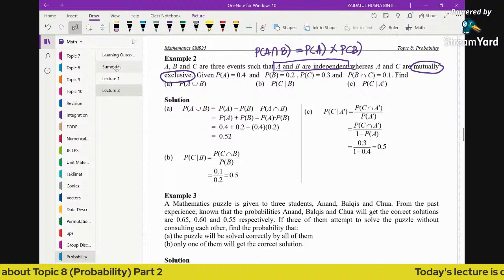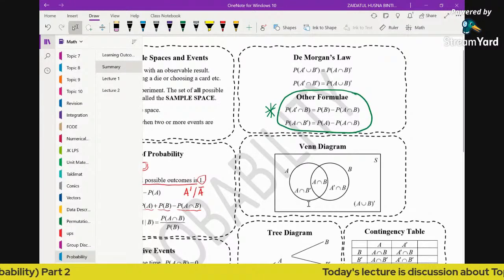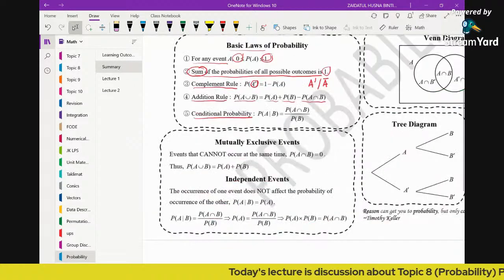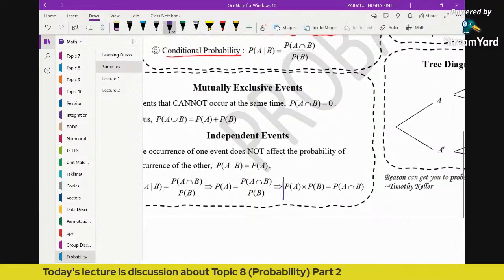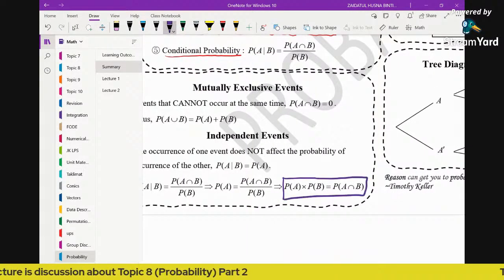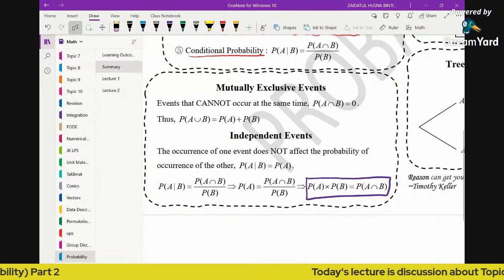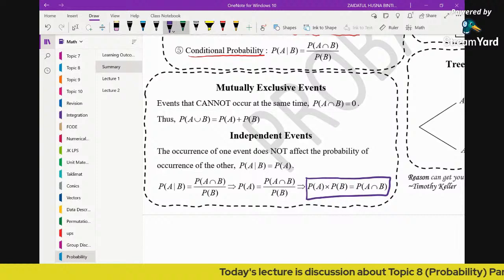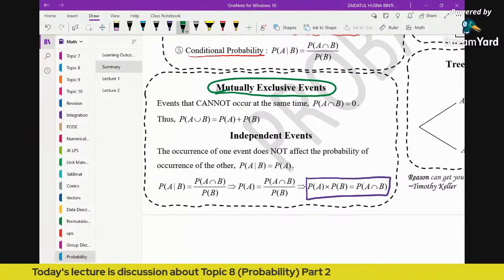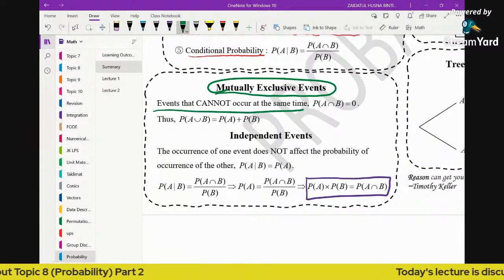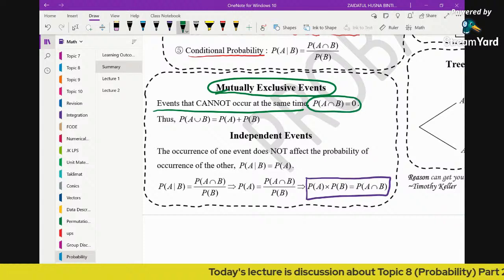Now let's see. Again, if events are independent, we can conclude that P(A) times P(B) equals P(A intersect B). But what about mutually exclusive events? If two events are mutually exclusive, then the events cannot happen at the same time, which means the intersection of them will be zero.